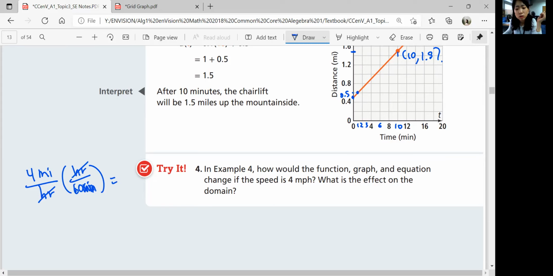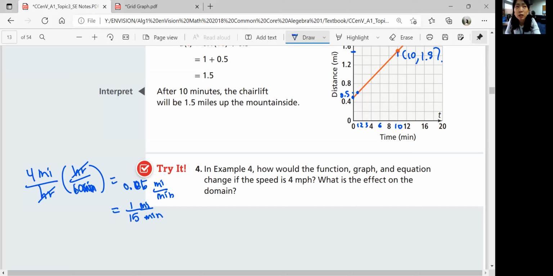In decimals, it's going to be 0.06 repeated miles per minute, or you can write it as a simplified fraction, 1 over 15 miles per minute. So 1 mile for every 15 minutes. You're going 1 mile every 15 minutes.